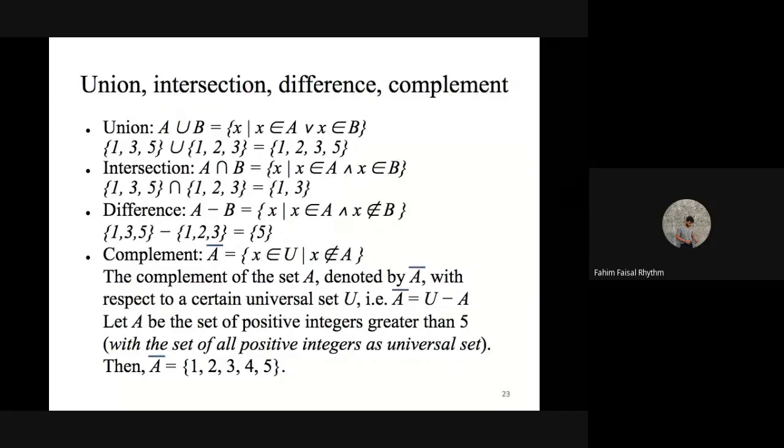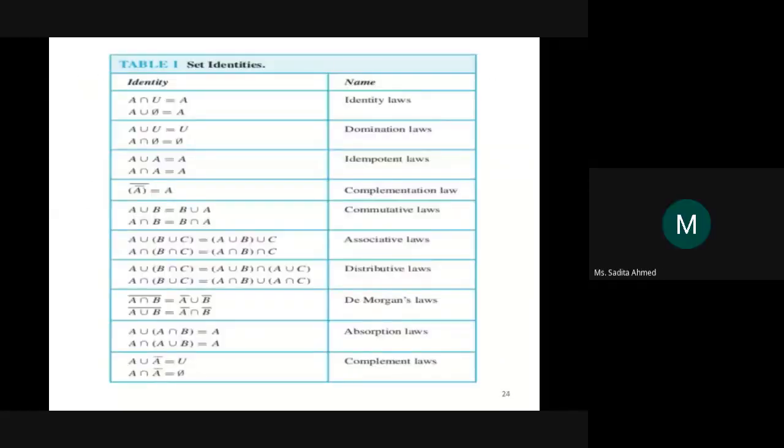Okay. So here we have a set of set identities. These are very similar to what you had in propositional logic, the known equivalences. Remember the laws of Boolean algebra or the known equivalences that we had in propositional logic. These are nearly the same, except for the implication, I think. Other than that, it's pretty much the same.